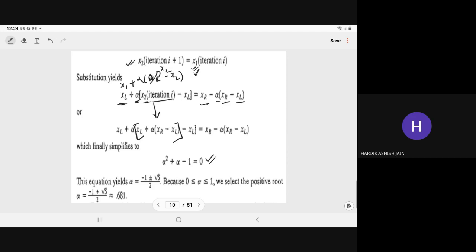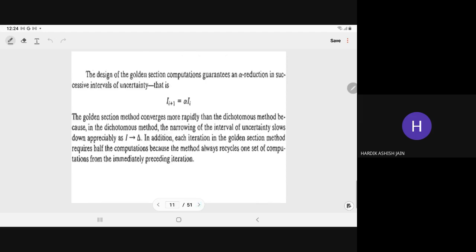It is useful for determining the optimum value. It is an iterative method for the unimodal, single variable, unconstrained problem. The design of the golden section method guarantees an alpha reduction in the successive interval.